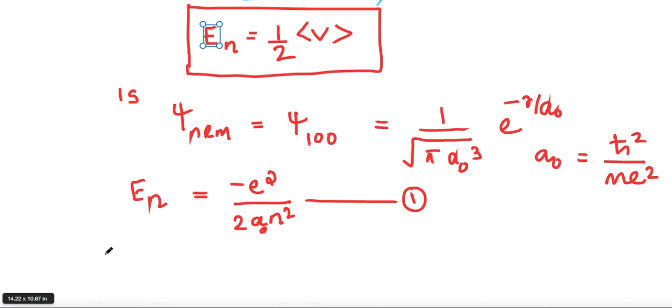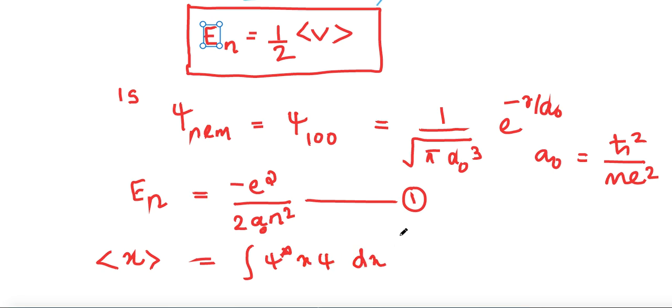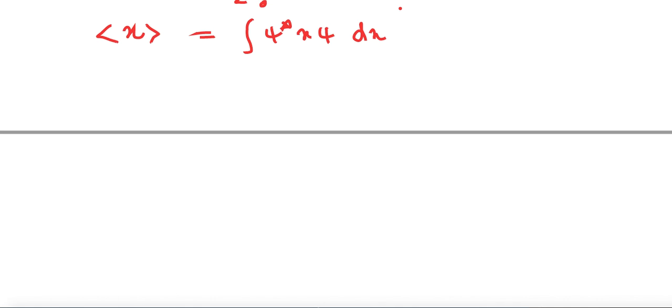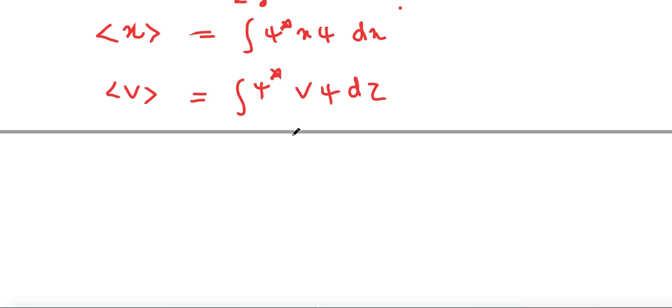So we know how we will calculate the expectation value. The expectation value of any variable, say x, is equal to integral psi star x psi dx. The same thing we will apply here. We have to calculate the expectation value of potential energy, which is equal to integral psi star V psi d tau. We are taking the three-dimensional volume integral. So now we will substitute the values.